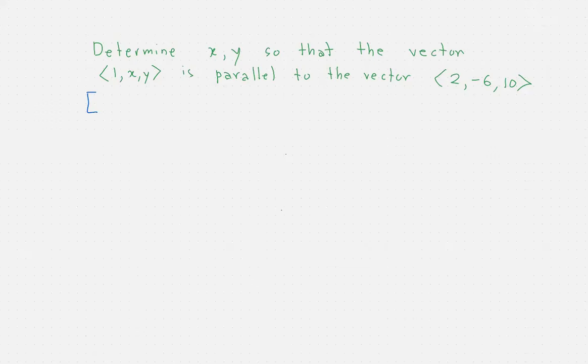So the idea here, and what we should use, is a very simple but, as I just said, very useful fact: two non-zero vectors u and v are parallel if and only if one is a scalar multiple of the other.